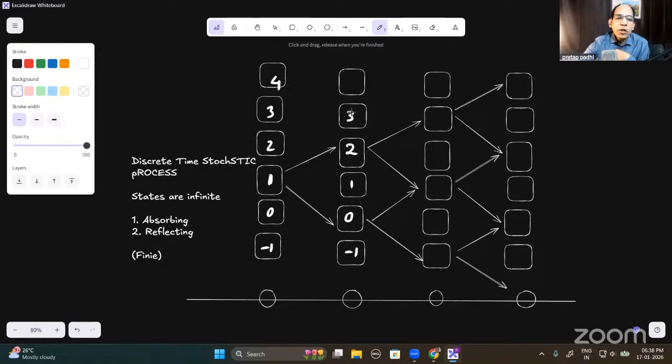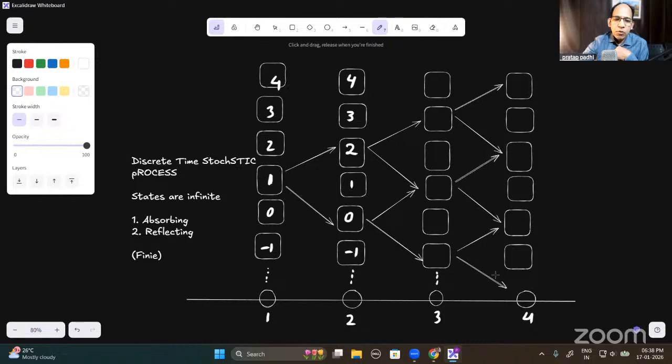Here also there is 3, 4, but in a stochastic process, from any state you can go to any state. But in a random walk, either 1 up or 1 down. That is the property. So this is time 1, time 2, time 3, time 4. This is a stochastic process, discrete time, and the state space is infinite here. Here I have to write dot dot dot.